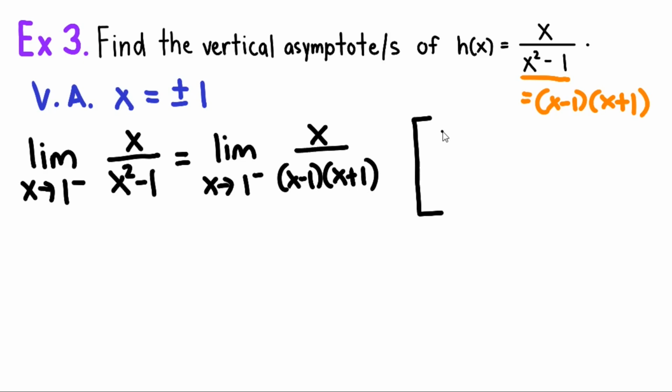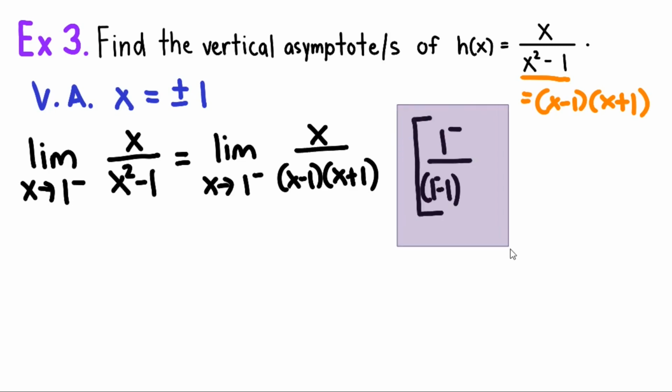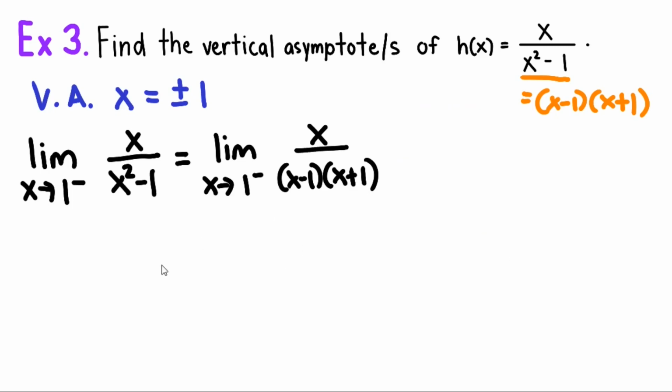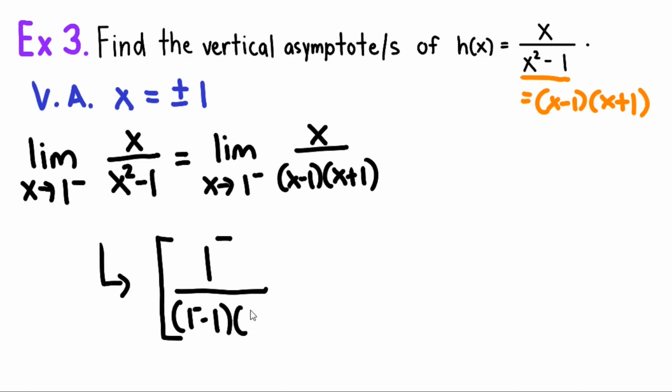From the left of 1, we'll have 1 from the left over 1 from the left minus 1, times 1 plus 1. In the numerator, we won't have any problems, and for this factor as well, we won't have any problems.